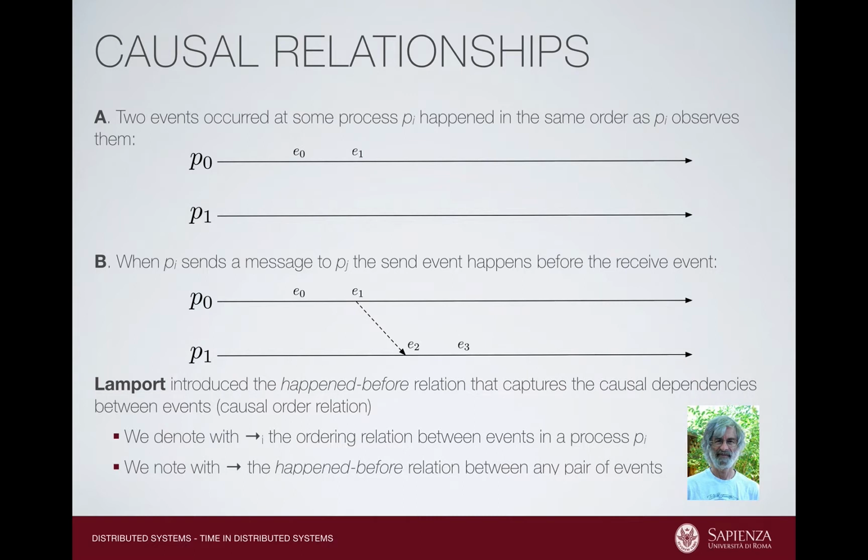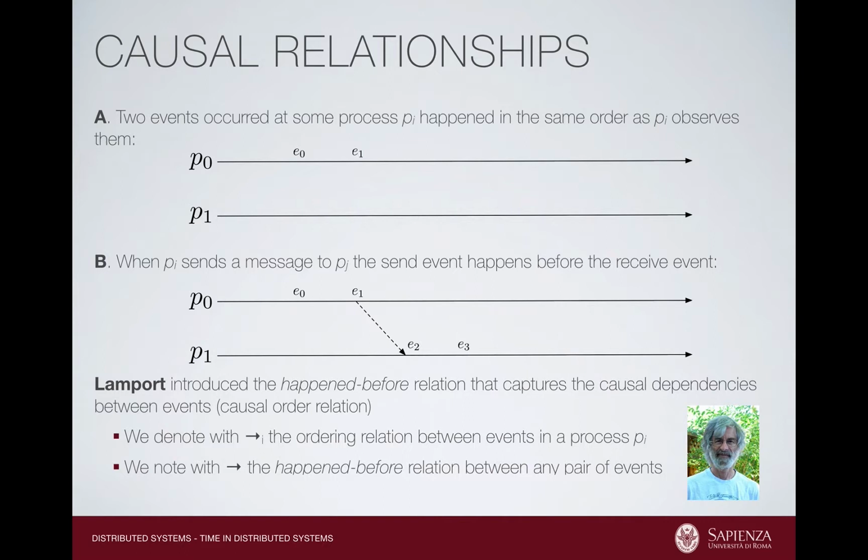In this case, we say that event E0 happens before event E1. In our terminology, we will use an arrow with subscript 0 in this case to indicate the ordering of events that happen on process P0.